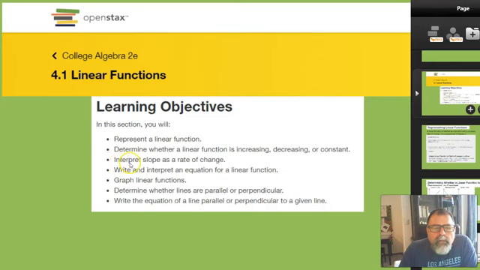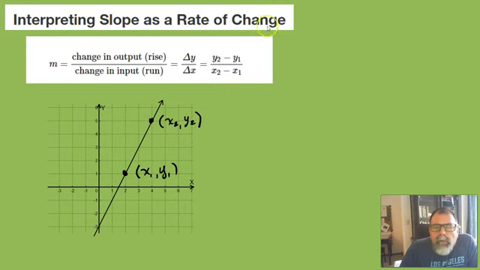The next learning objective: interpret slope as a rate of change. So m equals the change in output, that's called the rise, over the change in input, that's the run. Remember, output is the y-axis in this case.